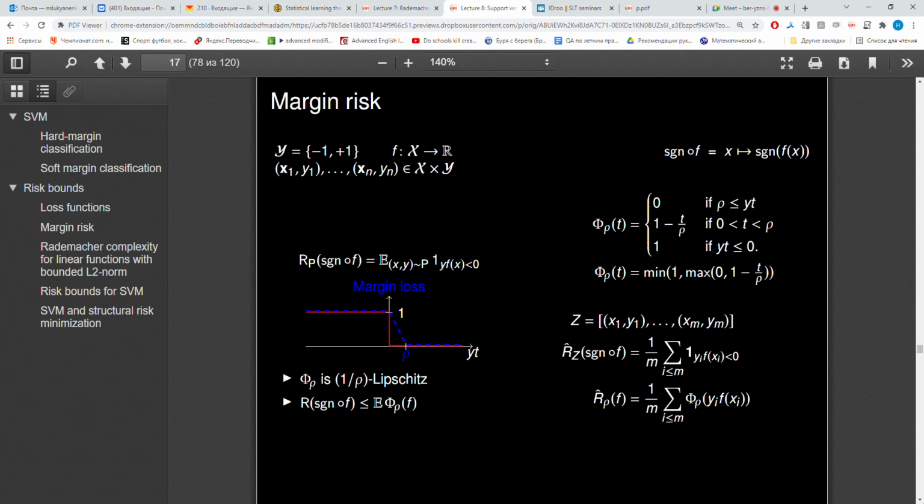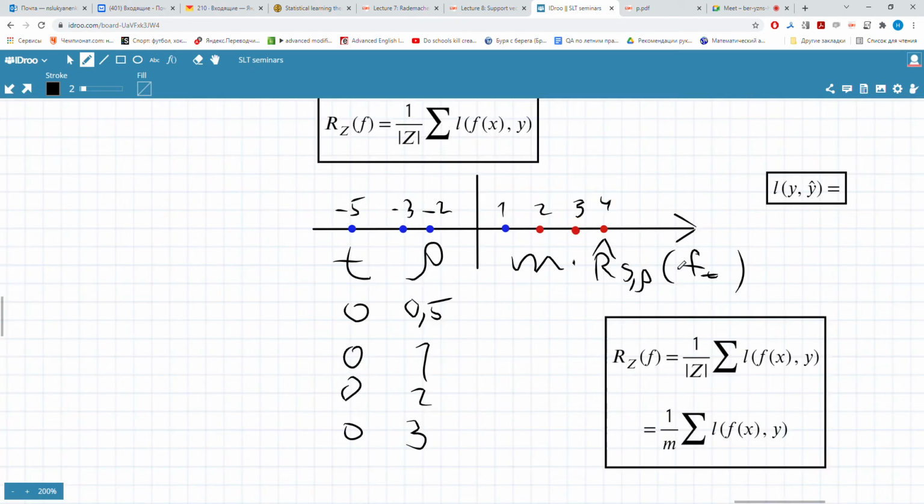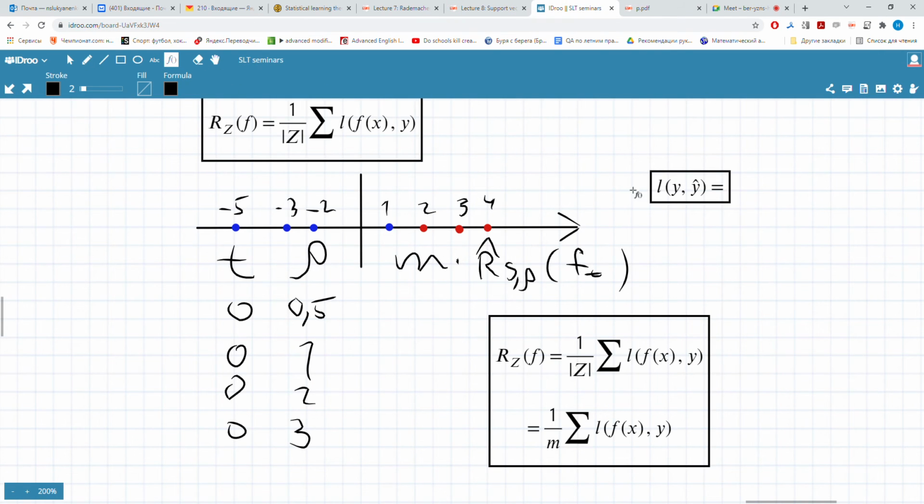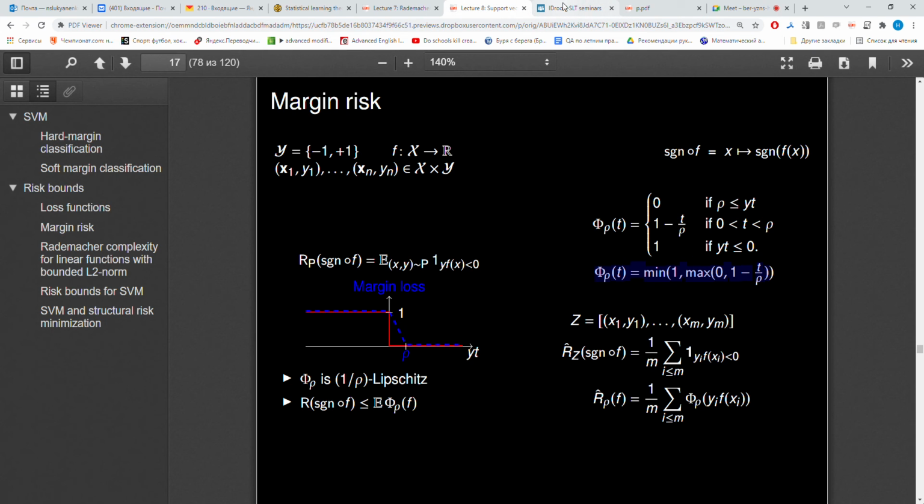Yes, it looks like it was a bad idea to write L, and it's better to use phi. I just need to write it again.